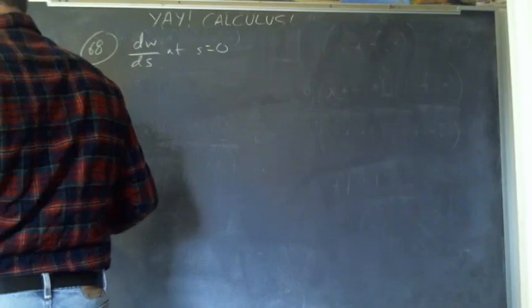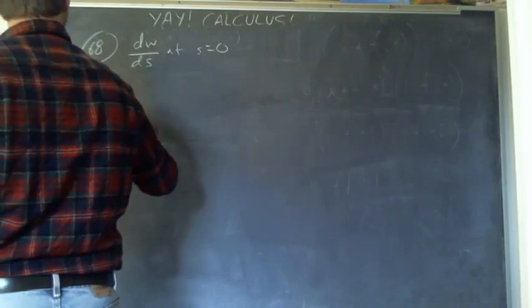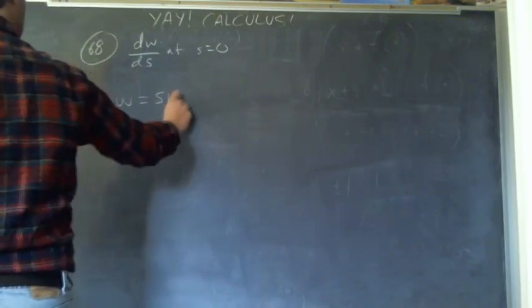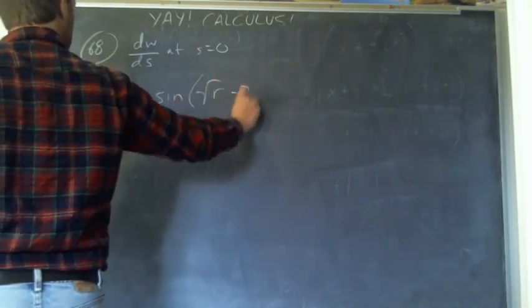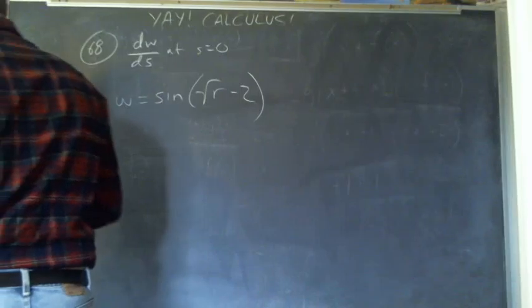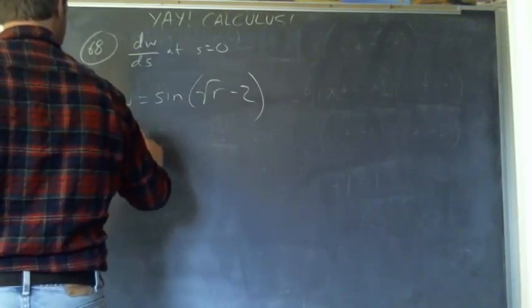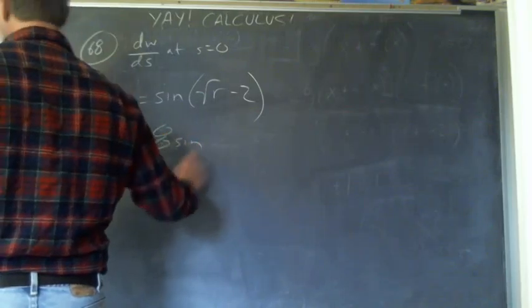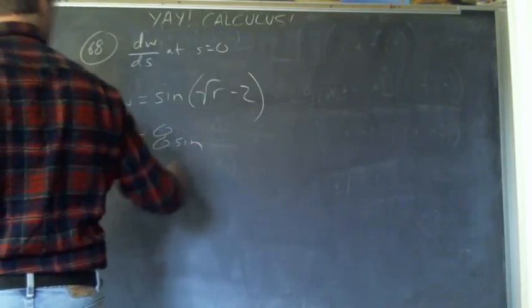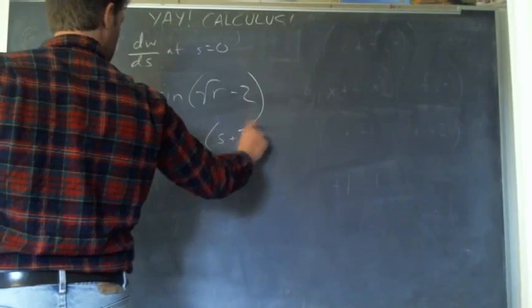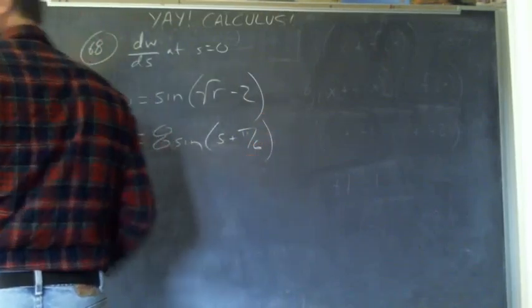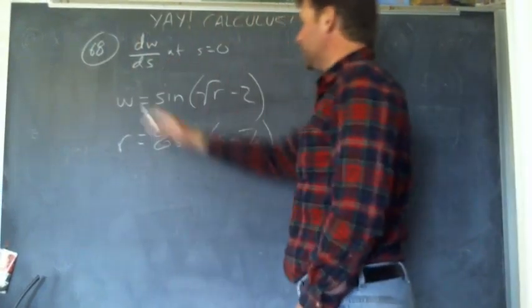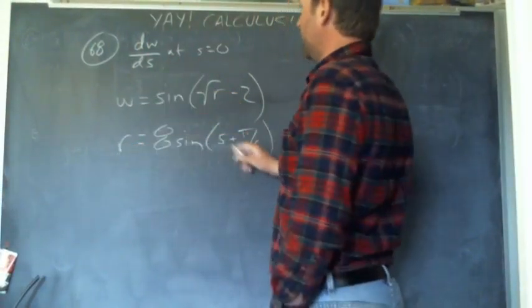We're given that w is a function of r, and r is a function of s. So w is a function of r is a function of s, w is a function of s.